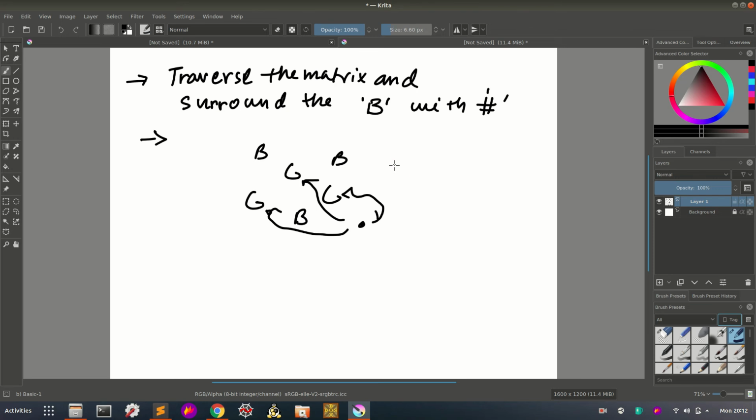So what we can do is apply a simple DFS in the new matrix that we have formed after placing pound symbols on all the neighbors of B. And if we are able to visit all the G's that are given in the original matrix, then we can say that yes, there is a way to place obstacles. So our answer will be yes.